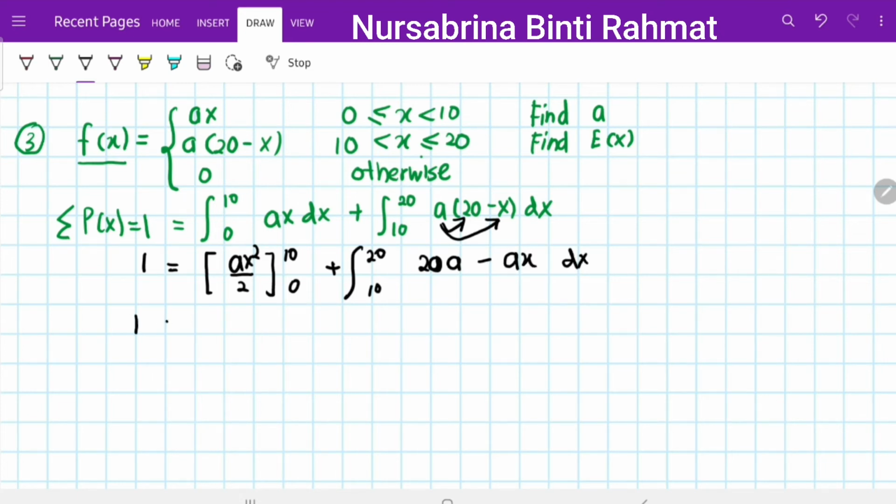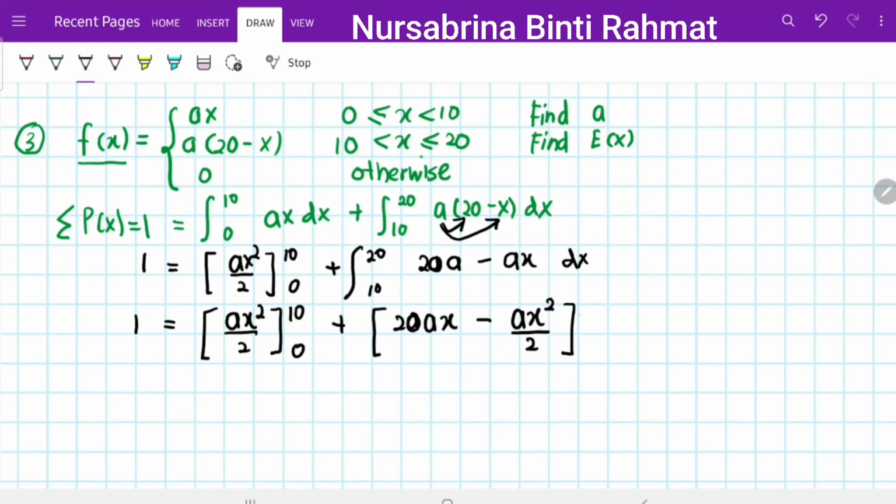Now 1 equals this, we just need to rewrite it again, plus: integrating 20a becomes 20ax minus ax squared over 2, from 10 to 20.